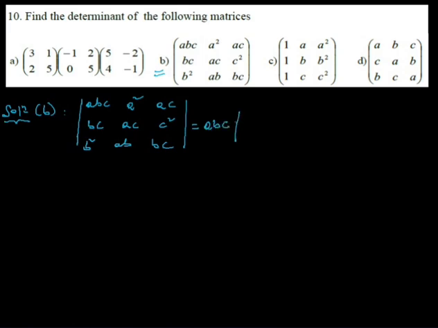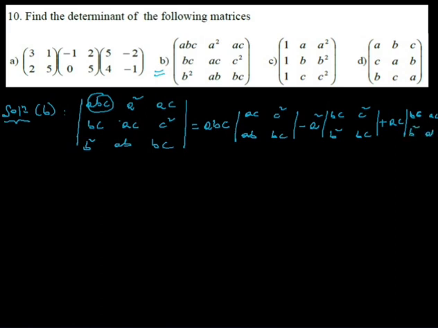ABC times the determinant of the remaining 2 by 2 matrix AC, C square, AB, BC, minus A square into the determinant of BC, C square, B square, BC, plus AC into the determinant of BC, AC, B square, AB.